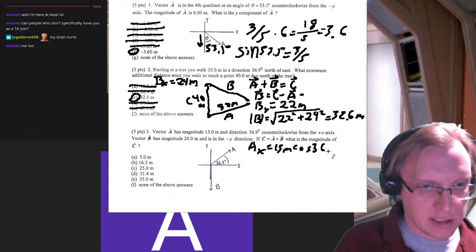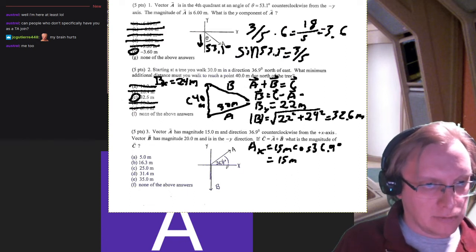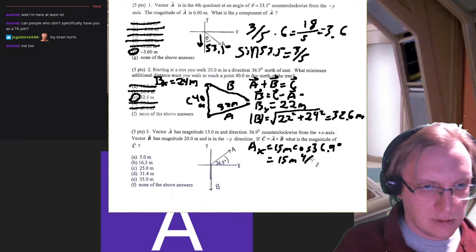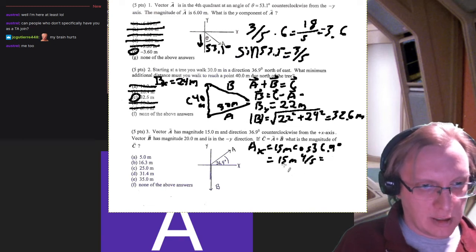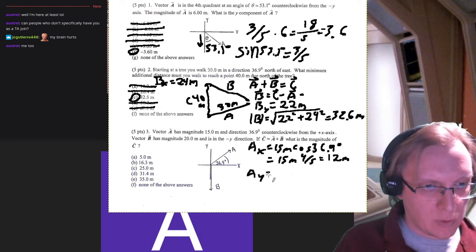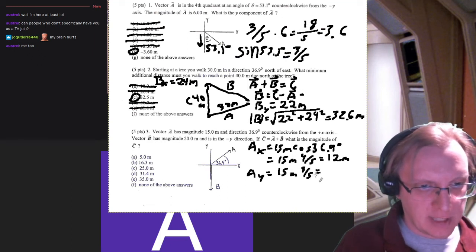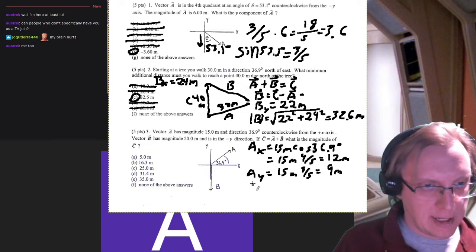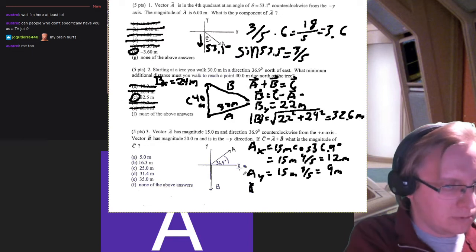Cosine 36.9 degrees times 15 meters, that's the 4/5. 15 divided by 5 is 3 times 4 is 12. Ay is 15 meters times 3/5. 15 divided by 5 is 3 times 3 is 9 meters.